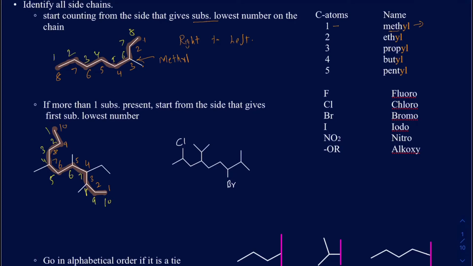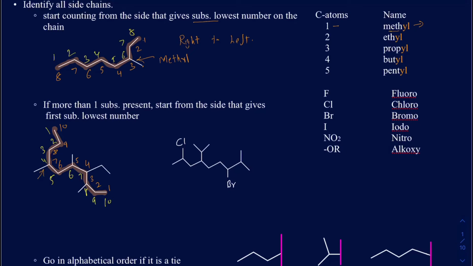Now, which one is actually going to be the right way? You always want to make sure your first substituent gets the lowest number possible. So if I go from top to the bottom, which is expressed in this yellow numbering, then your first substituent comes on to the 4th carbon. All right, that's going to be your methyl.